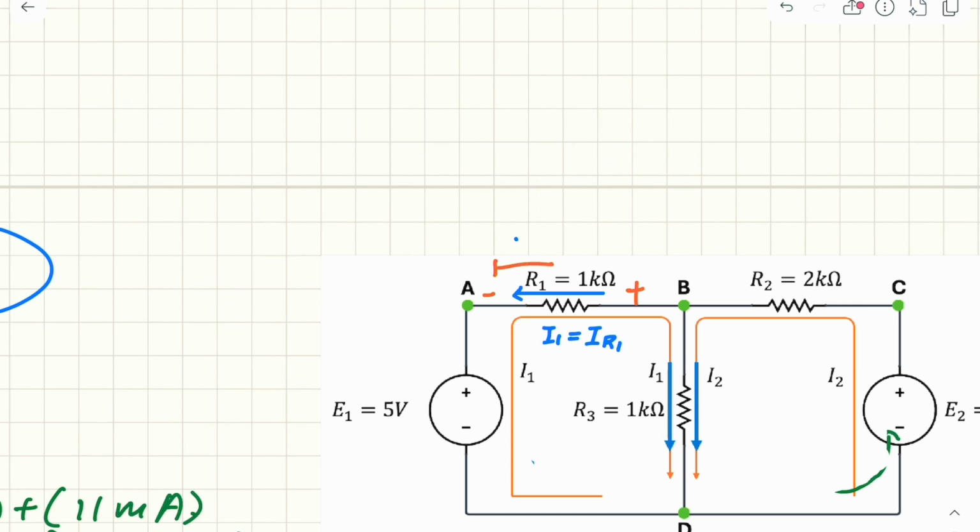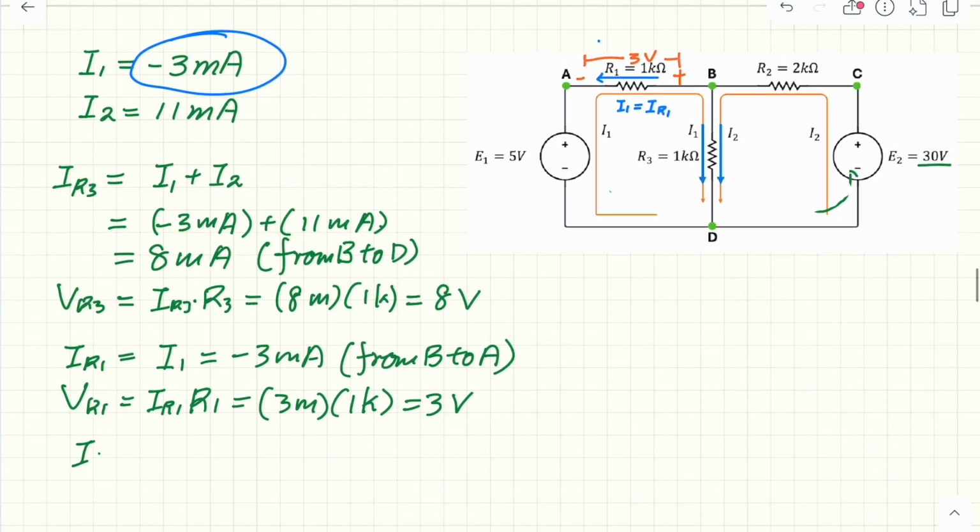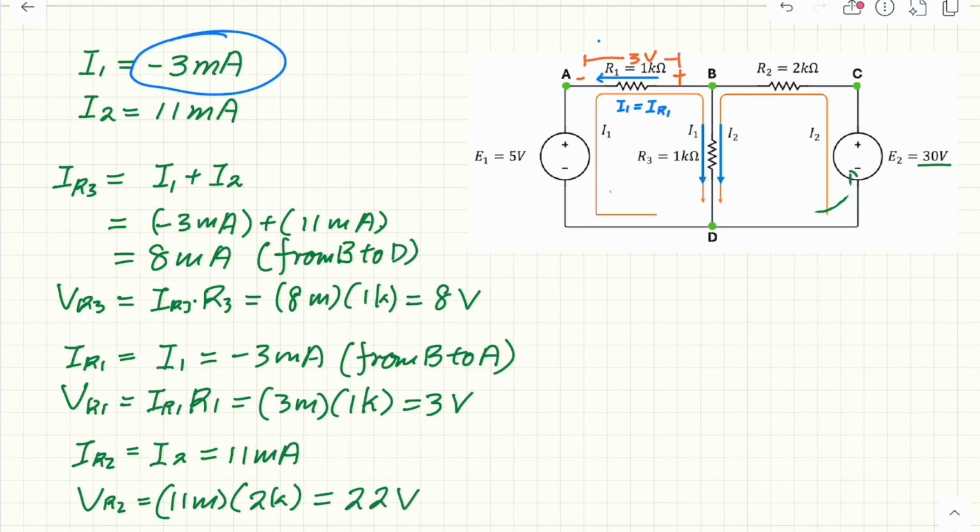From here to here is 3 volt. The current passing through R2 is IR2 and is equal to I2, mesh current 2, and this time they are in the same direction. And the voltage across R2, therefore, is equal to 11M times 2K, which equals 22 volt.